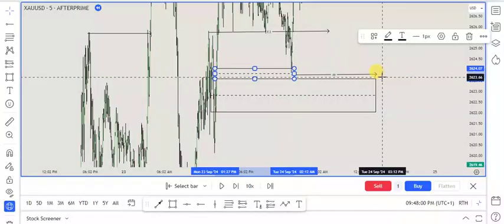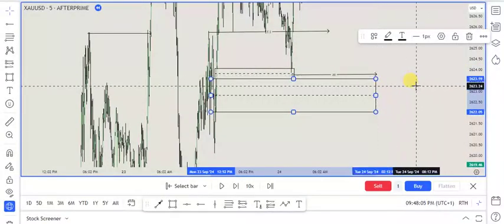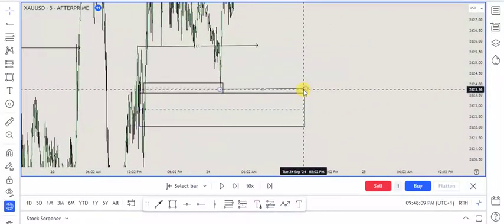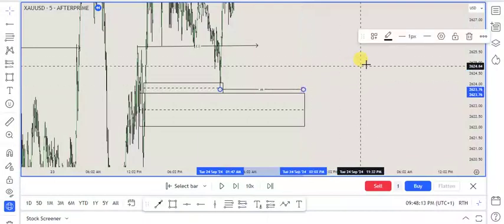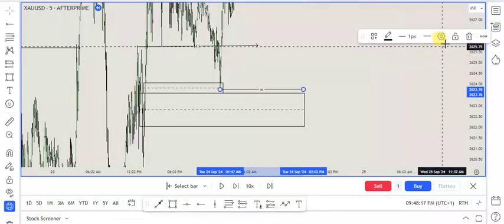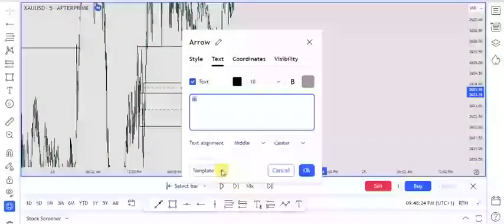So that point is our liquidity. It's known as the inducement liquidity, right? Liquidity that is close to a fair value gap is known as inducement liquidity. So I'm going to change here to inducement liquidity.